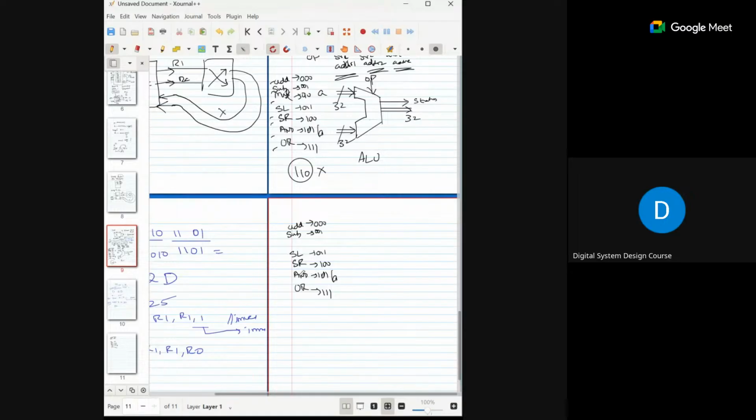So I removed this operation. So at last I understand that the 110 operation or 010 operations are neglected. There is no such operation.